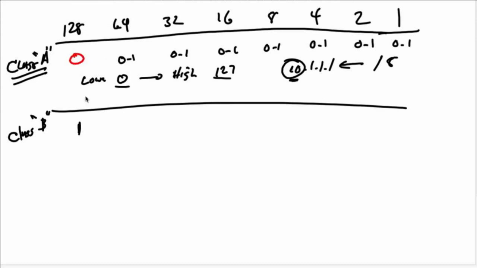So 0, and now we have 1, 0. If these aren't allowed to change, 0 means 64, 1 means 128. So that means the lowest numeric value that I can put in place is going to be 128. So that's my lowest. Now that means the rest of these numbers could be 0 or 1.